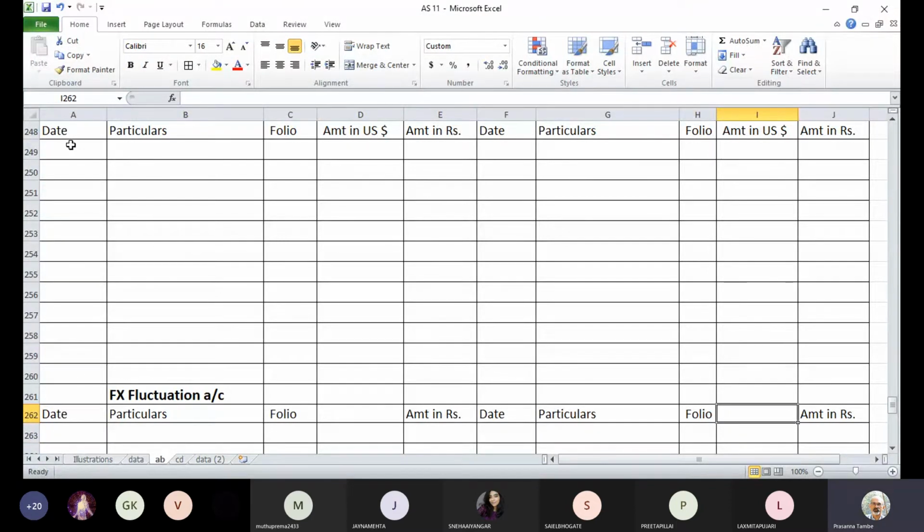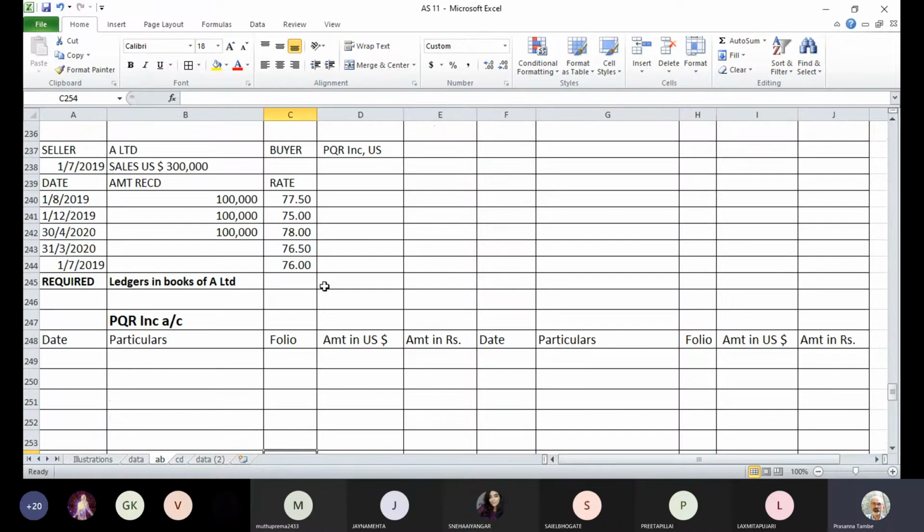So prepare the format and then we'll start with the entry. I hope all of you are ready with the formats. We can start.